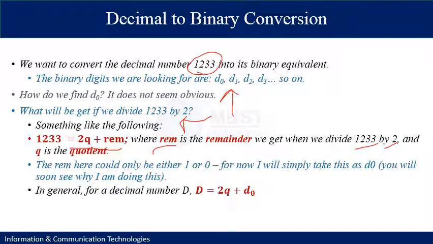For now I will simply take it as d0. You will soon see why I am doing this. So whenever you divide that number d by the base value, the result is 2q plus d0 because the remainder is a binary digit.